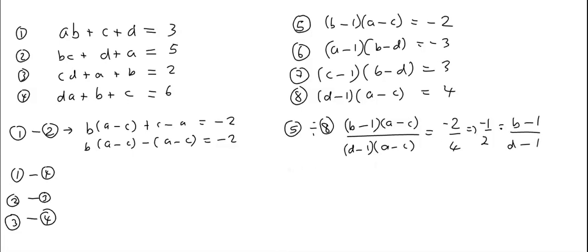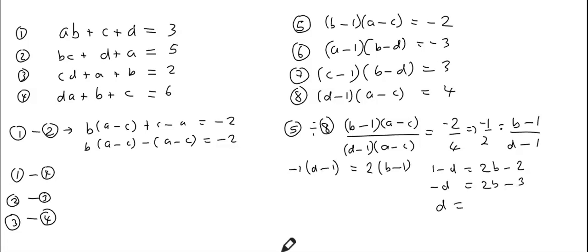And from this it flows that minus 1 lots of D minus 1 equals 2 lots of B minus 1. So 1 minus D equals 2B minus 2, so that minus D equals 2B minus 3, so that D equals 3 minus 2B.